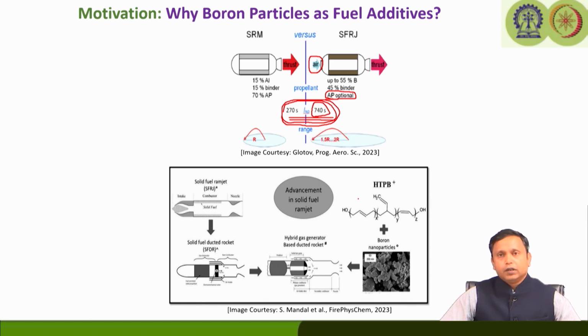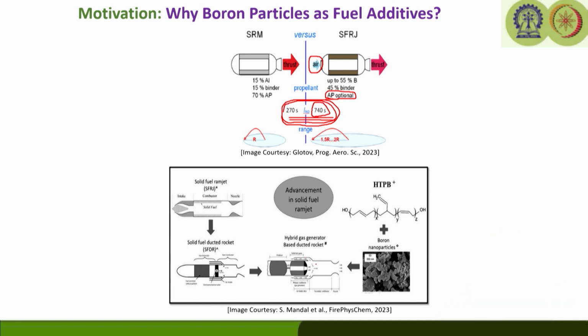This can be done in a 2-stage combustion. The first stage is used for primary combustion, and later we can use the additional ram air to further burn the partially oxidized particles, leading to combustion of boron particles.